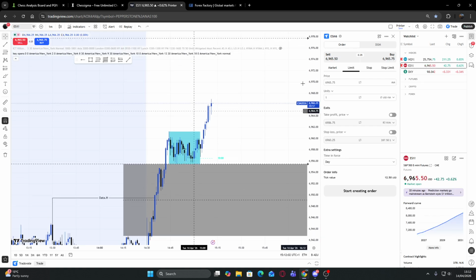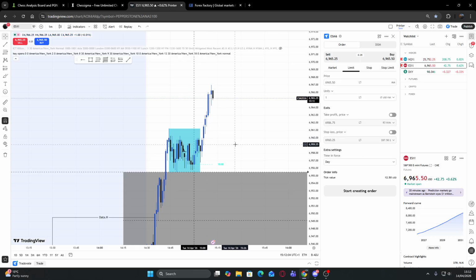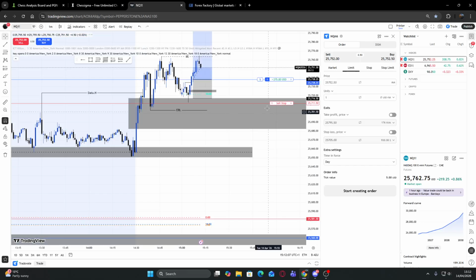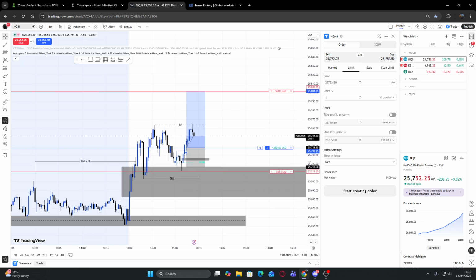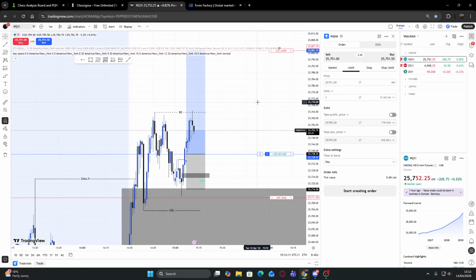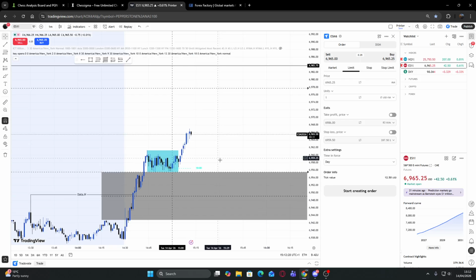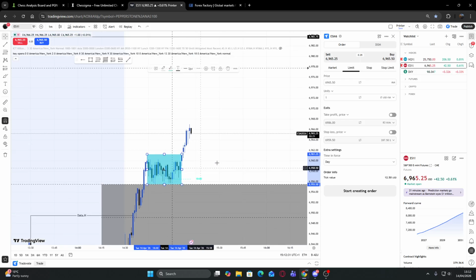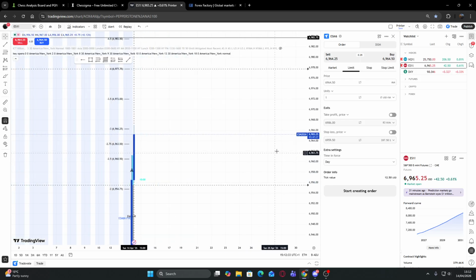Starting to think I should have taken my long here. Because now it looks like we're going to get a retrace to break even. I think we might get a retrace to break even and then go higher. Okay, this could be manipulation higher to be fair. But I don't think so.